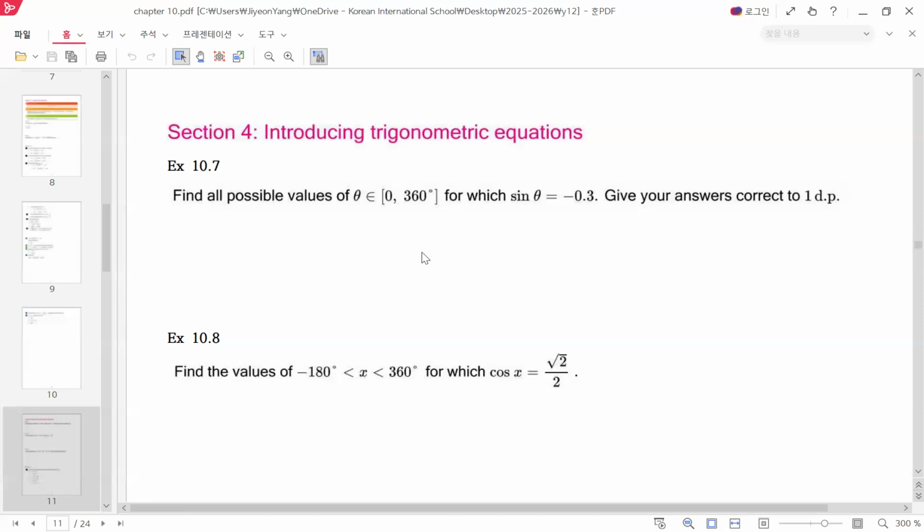Then negative 360 and then go back to 30 degrees. Therefore, it's going to be negative 330 degrees.